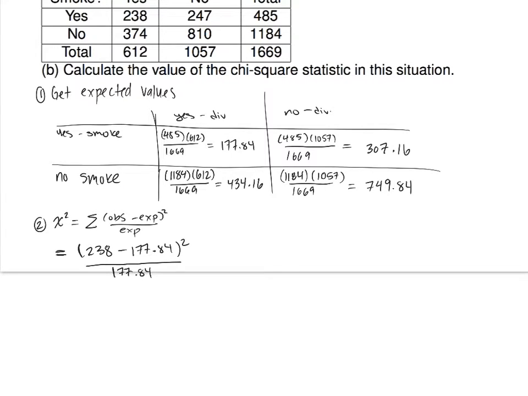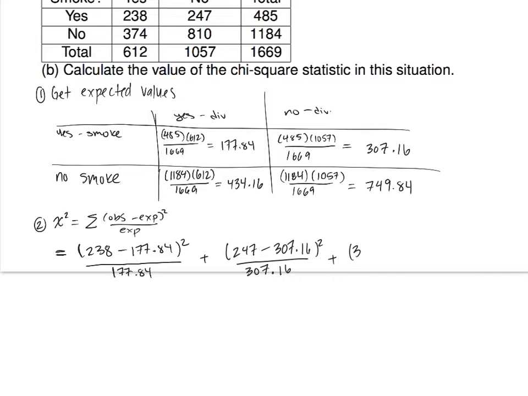What comes next? 247 minus 370.16. Yep. Squared over 307.16. Great.